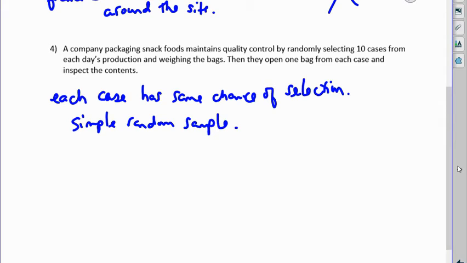And what they're trying to describe here is a population of all the chips, right? Are these chips? Snack foods. All snack foods.